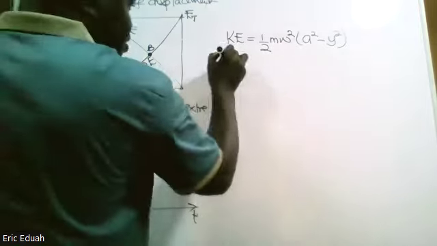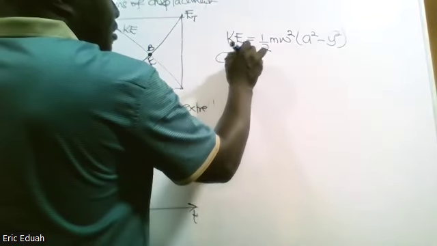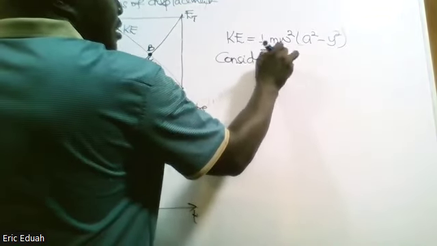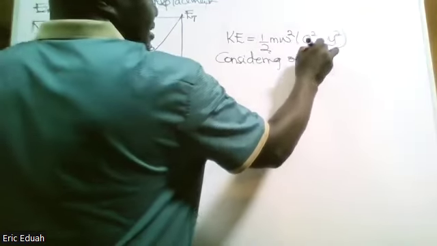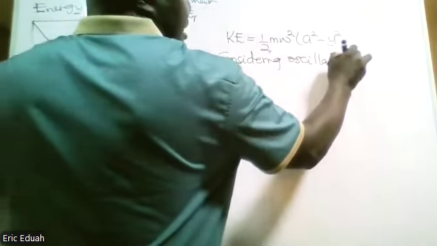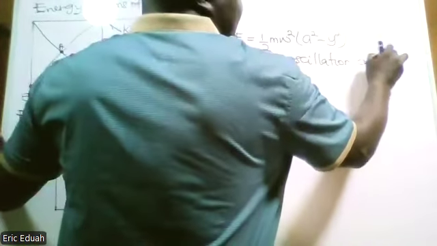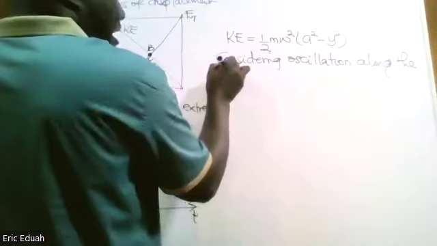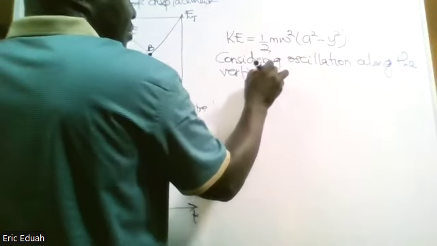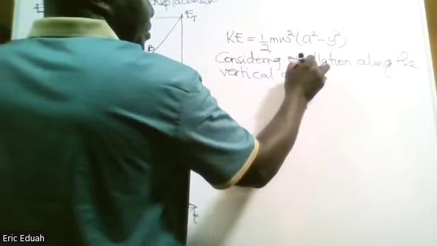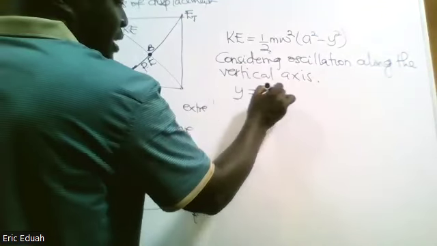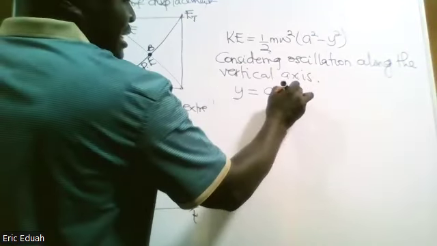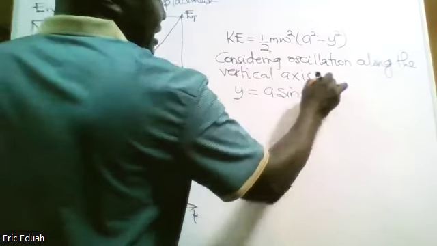If we are considering oscillation along the vertical axis, the displacement in terms of time is equal to a sine omega t.